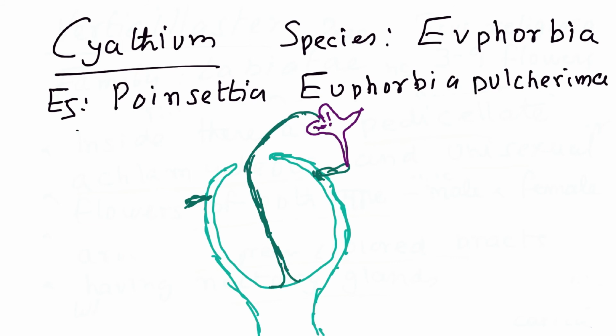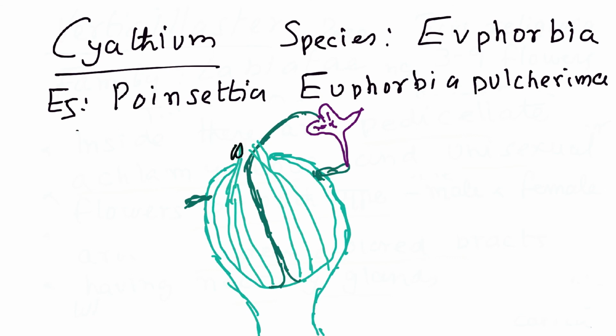And of course, you have a bract-like development where you find the nectary glands, the glands which produce the nectar. And we have the male flowers which are multiple, growing and developing around the single well distinguished female flower. So those are the key points.